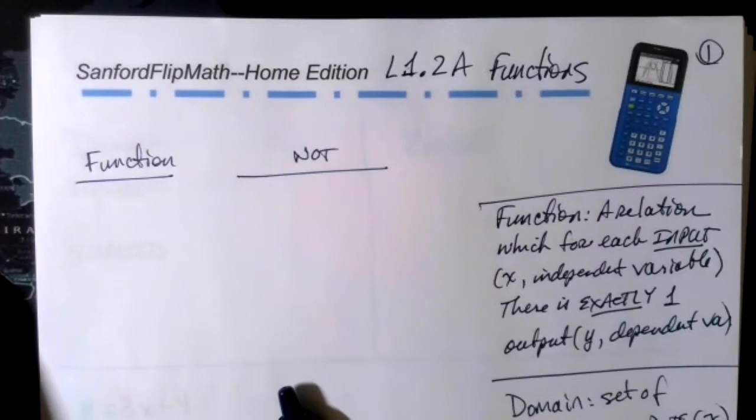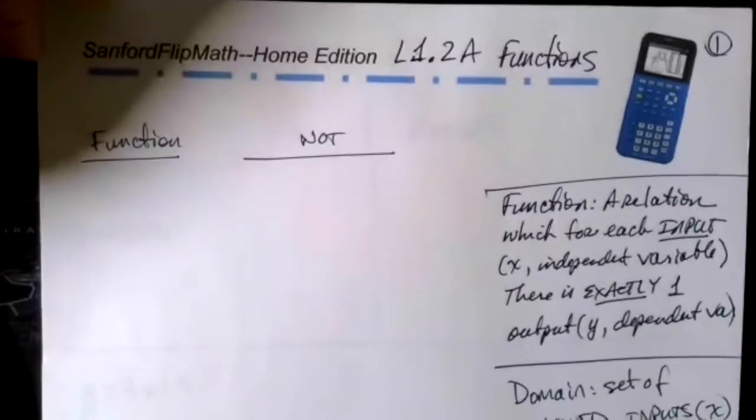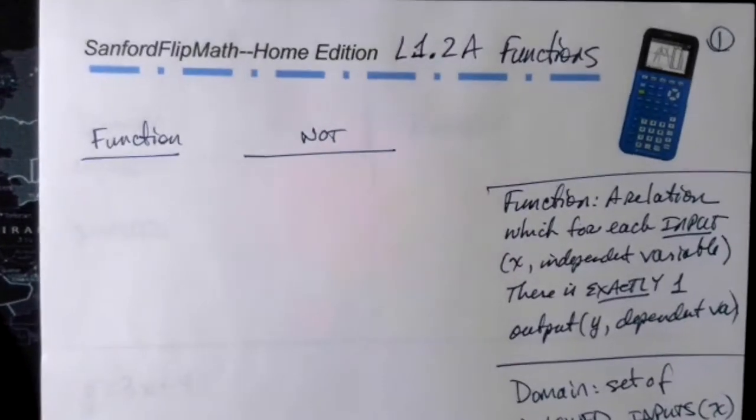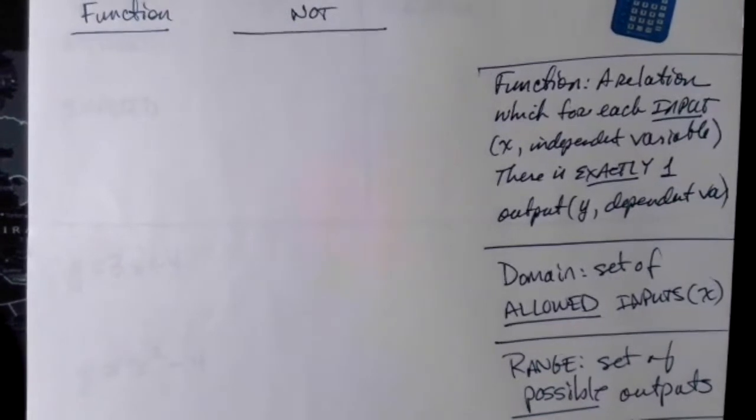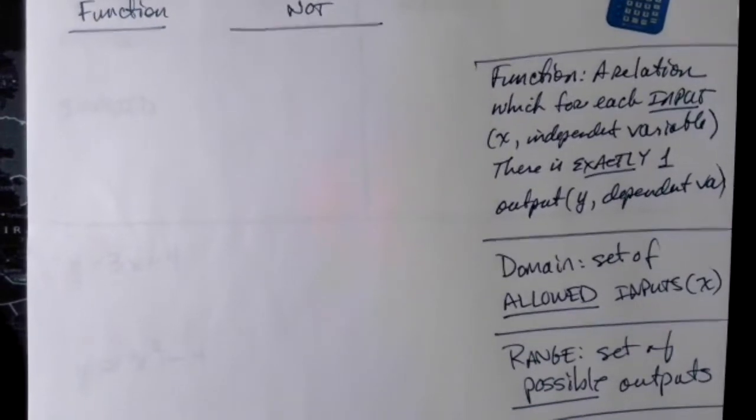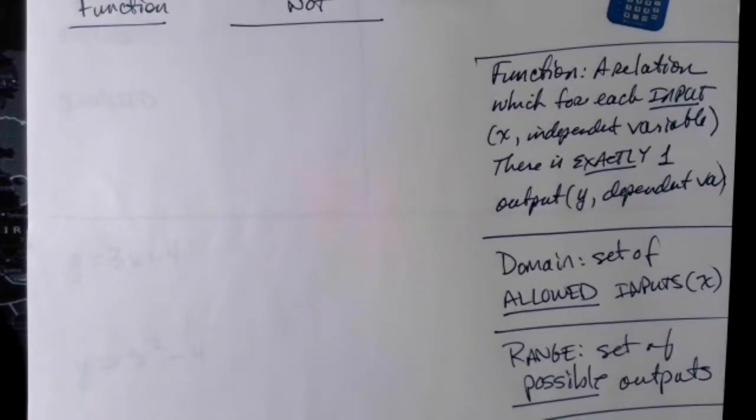Most of this should be review again, much like section 1, just a little more technical and a little more pre-calc focused. So first we're going to start out with some definitions. So just a reminder that a function is a relation. A relation is any relationship, any connection between two sets of numbers.